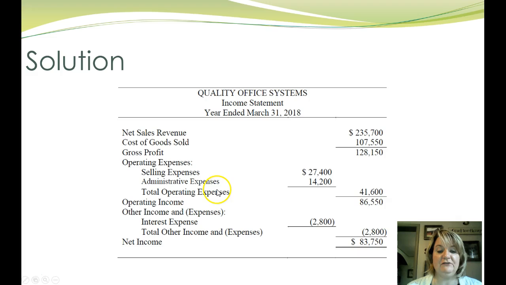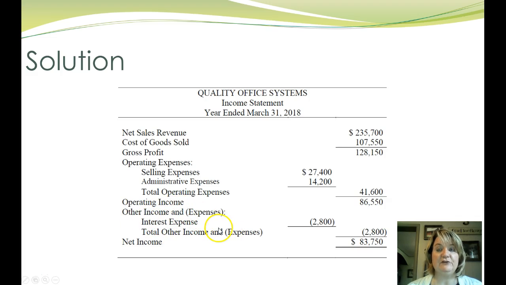Then you enter your operating expenses, $27,400. Your administrative expenses, $14,200. Then you total those as total operating expenses, $41,600. And you subtract those from your gross profit, and that equals operating income of $86,550. Then you add in any other income or expenses.